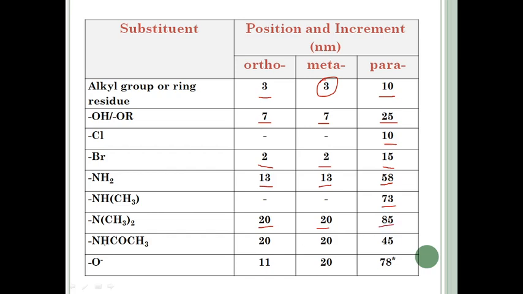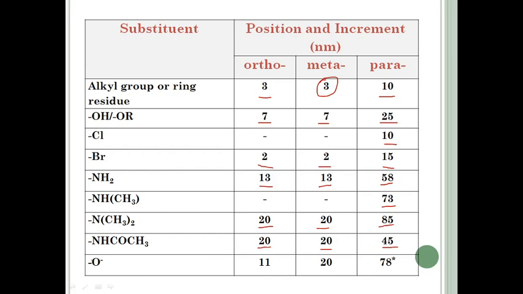Now come to the next one, that is amide. If NHCOCH3 is a substituent, then you have to give increment at ortho 20 nanometer, at meta 20 nanometer, at para 45 nanometer.